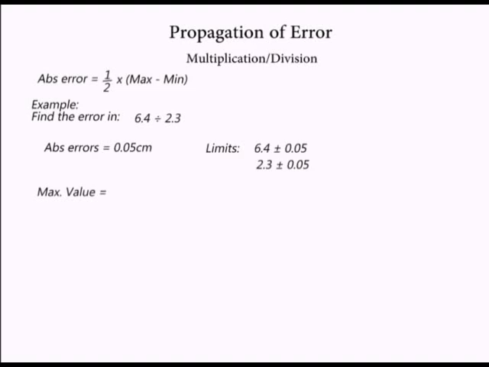The maximum possible value for this division. In this case, we divide the upper limit by the lower limit. I hope that makes sense to you. And so we choose the upper limit for 6.4, that is 6.45, divide by the lower limit for 2.3, that is 2.25. If we divide that, we get 2.8667.